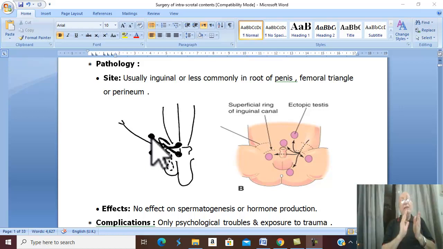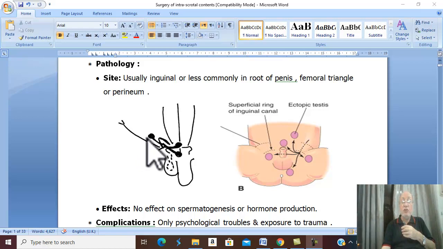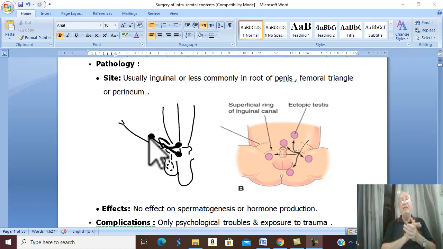Therefore, the main difference here is that the ectopic testis is superficial to the external abdominal oblique, while the undescended testis inside the inguinal canal is deep to the external abdominal oblique.